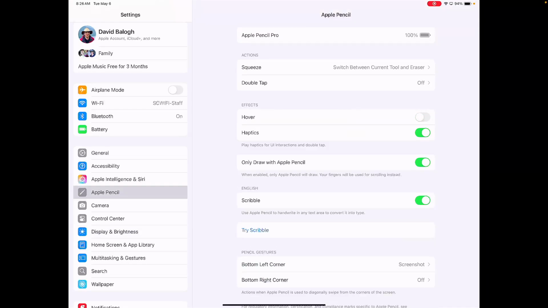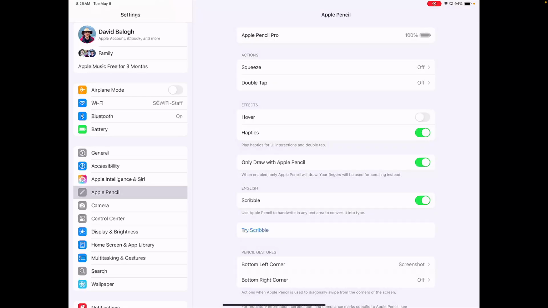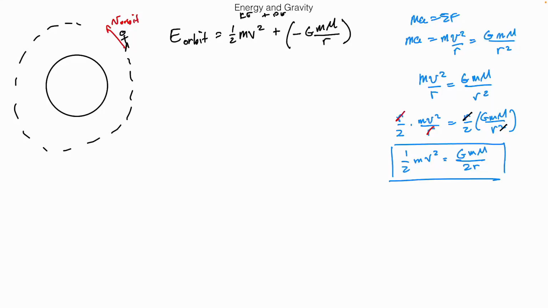No. You don't have to squeeze off. Double tap, squeeze, switch between current tool, but it's wiping out the whole thing. I don't think. Well, let's see what happens. Technical troubleshooting on the fly. Guys learning a lot, right? Or maybe you're just sitting there going, "My teacher's an idiot, doesn't know how to use this stuff."